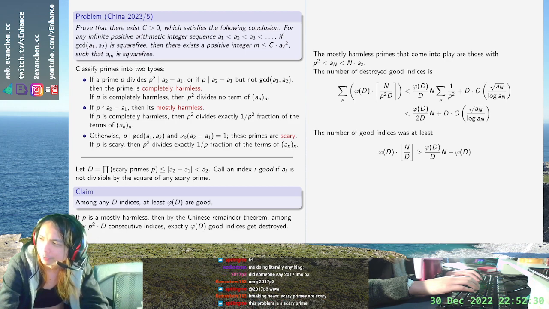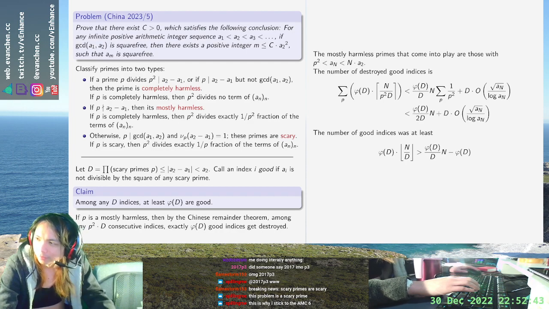Also, I think I flipped all the signs again. Hang on. This is the number of destroyed good indices, and it is less than or equal to... I think I flipped literally every sign.